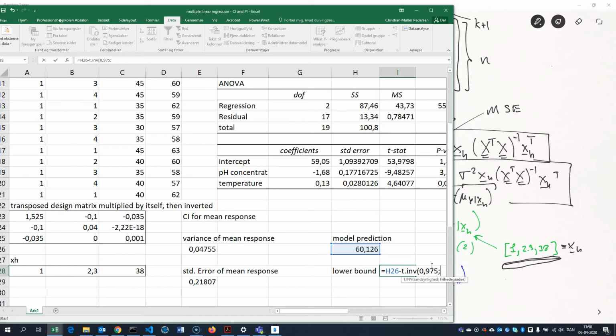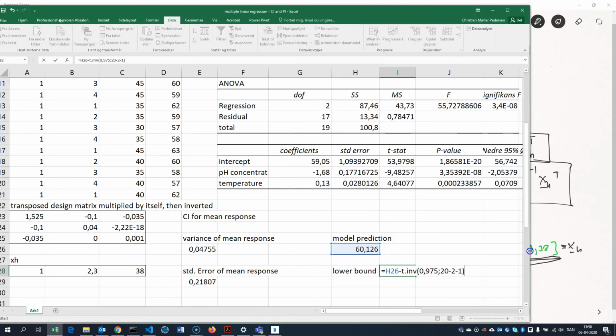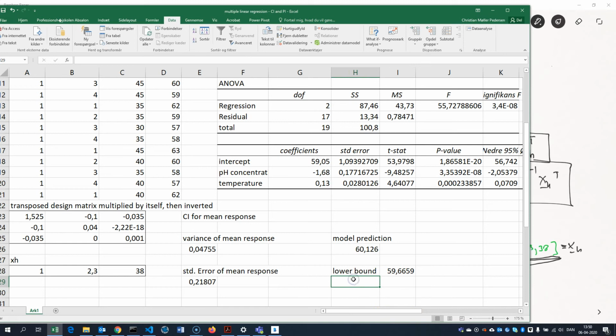That's the probability because it's a 95% interval, and the degrees of freedom is n, so that's 20 minus 2, the number of regressors, minus 1. So that's t quantile, and then we just multiply it by the standard error of the mean response. So we say multiplied by this number here.